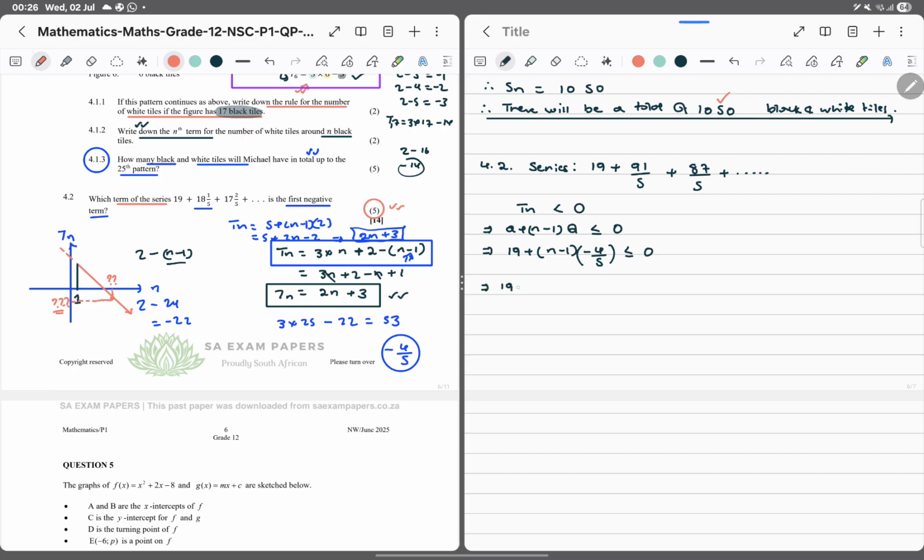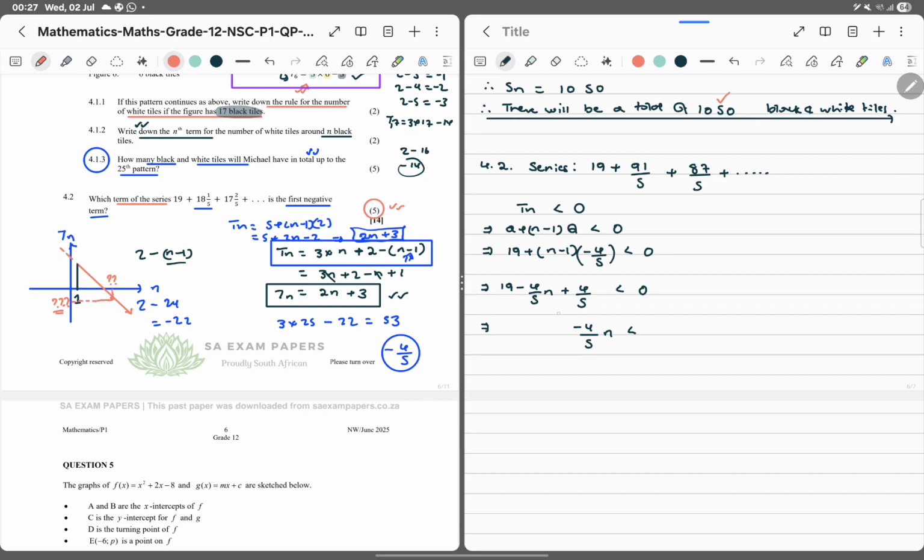Okay, this implies now we've got 19 minus 4 over 5 n plus 4 over 5 less than, why did I have less than or equal to now? You see? Easy silly mistakes. Just love the attention, guys. So this implies that we've got minus 4/5 of n is less than, let's add those two up.